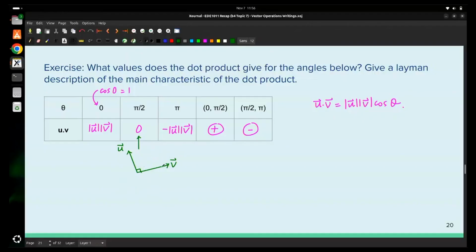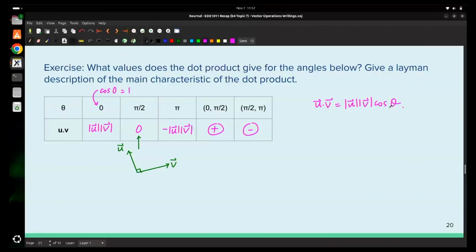So what is the layman description of the dot product? If you look at the dot product, it's trying to compute how similar two vectors are, or how much they are pointing in a similar direction. Correct or not? If the two vectors are pointing in exactly the same direction, then you have a maximum dot product. Because cosine theta is always 1 or less, it ranges between -1 and 1.